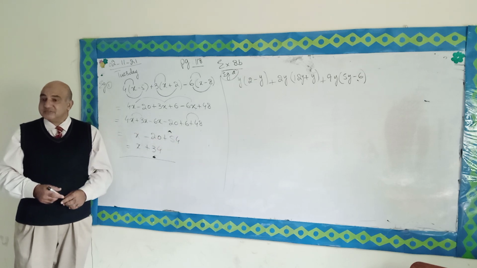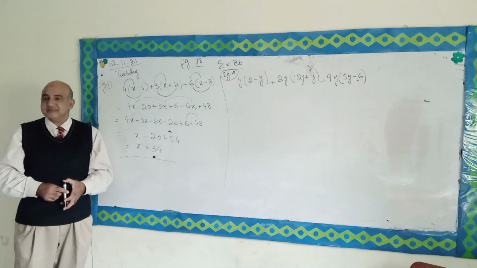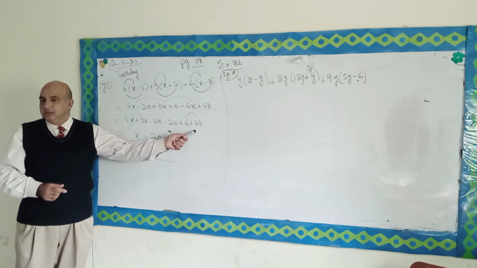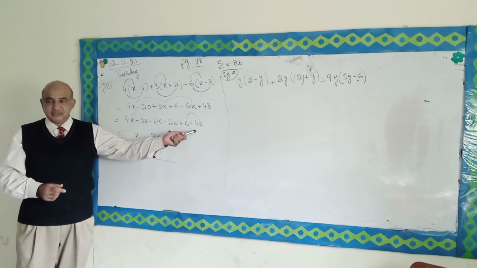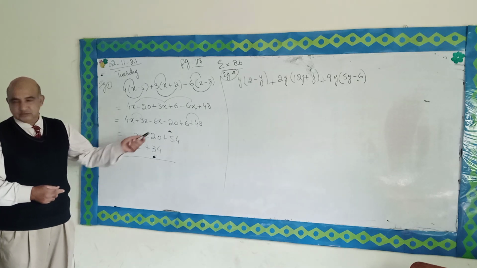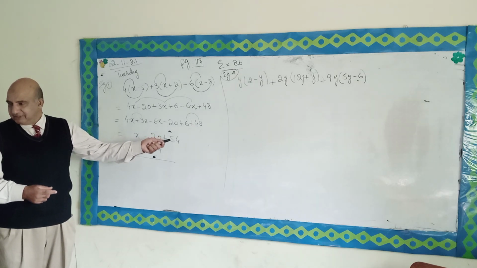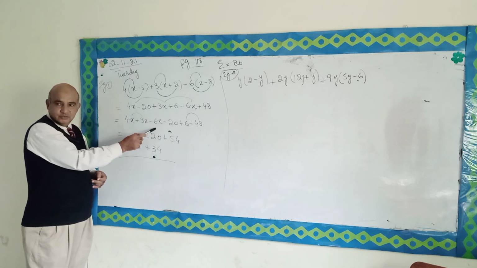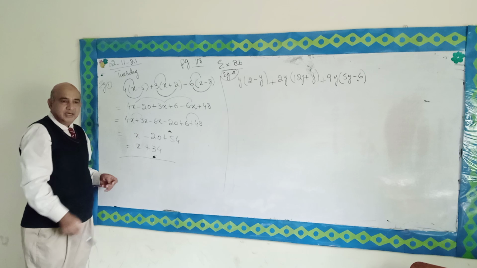These are the numbers without variables. What do we say to this? That is a constant. If there is no variable, then we say these three are the constants, and we have added and subtracted the constants with each other. We can't add this constant with this variable, with this term. Understand everyone?